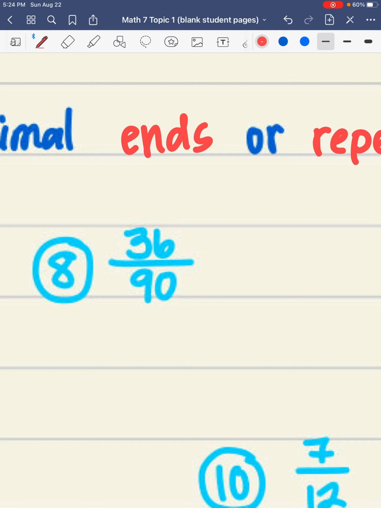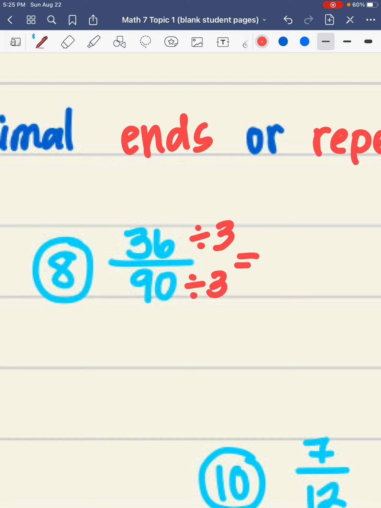Okay, moving on to number 8. So I've got 36 over 90. I know that these are both even numbers, but let's try our threes trick. 3 plus 6 is 9, so that is divisible by 3. And 9 plus 0 is 9, but that's also divisible by 3.